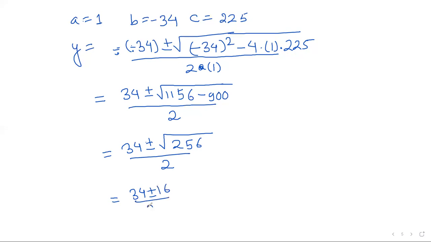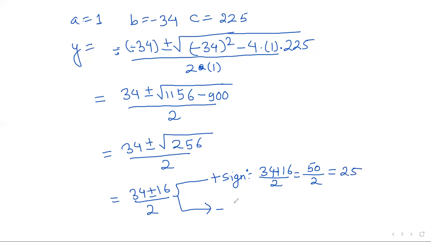over 2. Now what you do is from here you branch out into two different solutions. So take the plus sign. This gives us 34 plus 16 over 2, which is 50 over 2, which is 25.